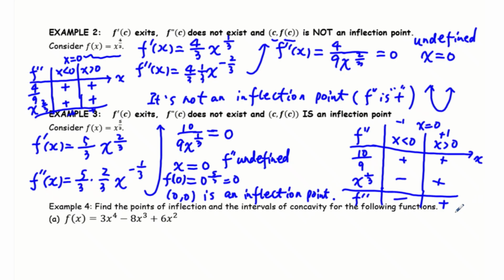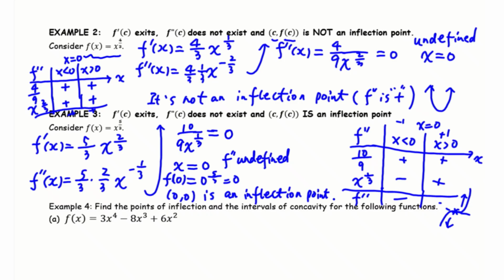Negative means it's open down. Then the other one is open up. So it will be open up, then open down. So this is that point. This is open up, down. This is open up. So this is a point of inflection.